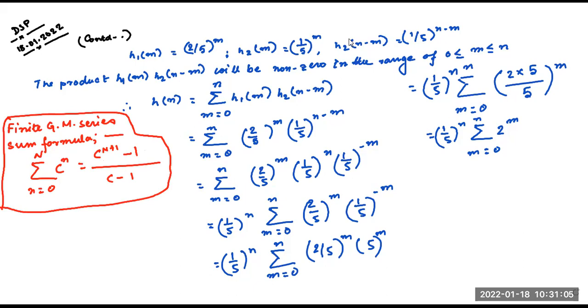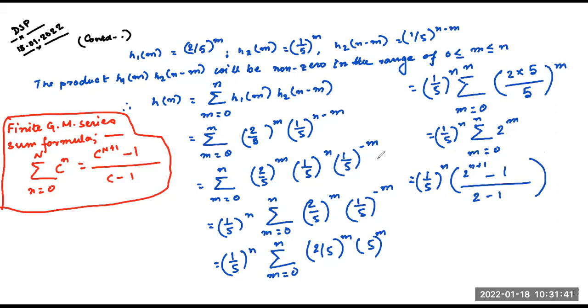So with the help of this formula, what can I write? (1/5)^n into (2^(n plus 1) minus 1) by (2 minus 1). Here capital N is the limit, so it is small n.